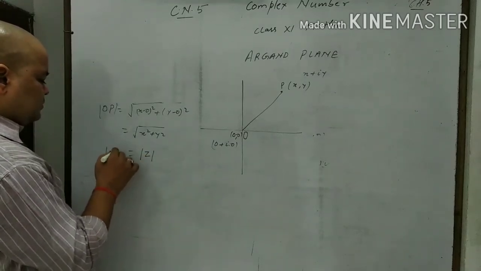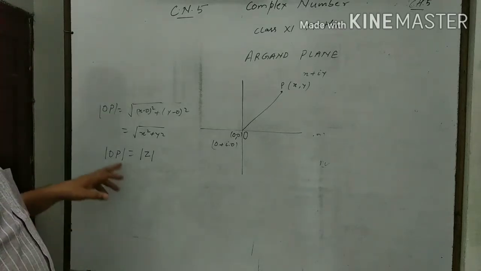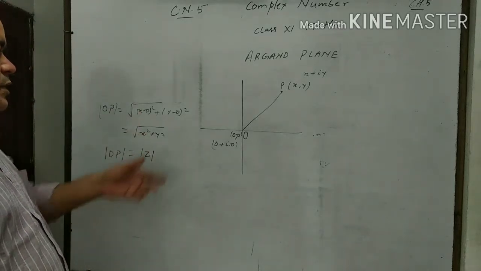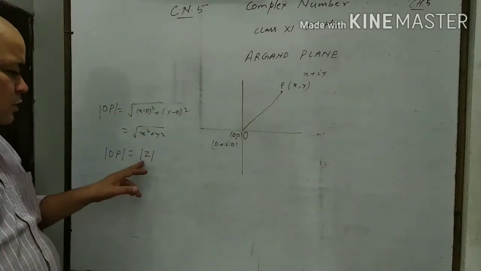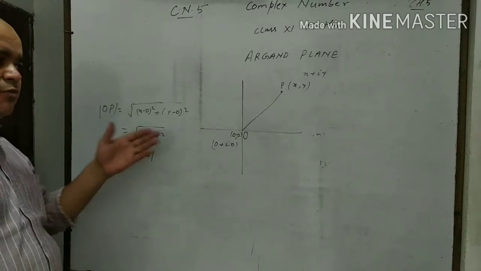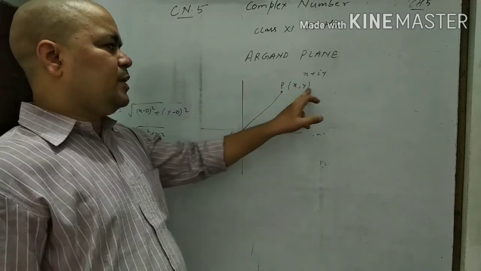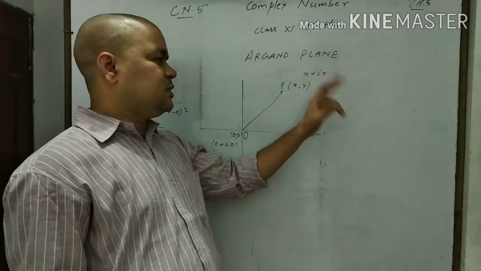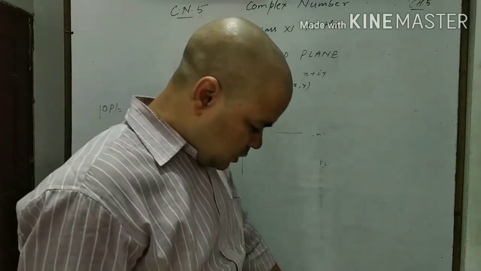It means the distance of any point P from the origin, that is OP, is equal to the modulus of the complex number formed by the point given as the ordered pair (x, y), that is x plus iy.